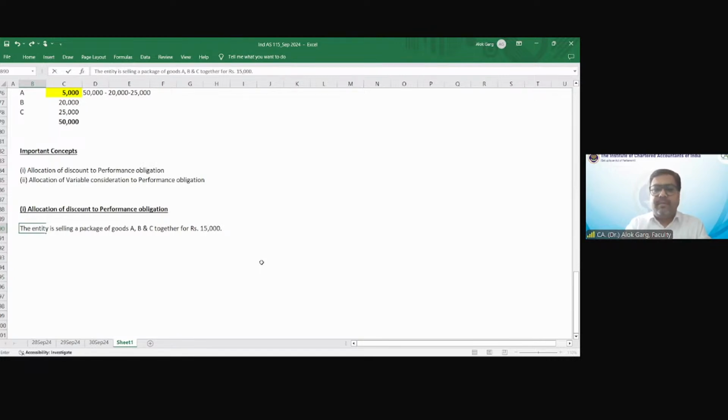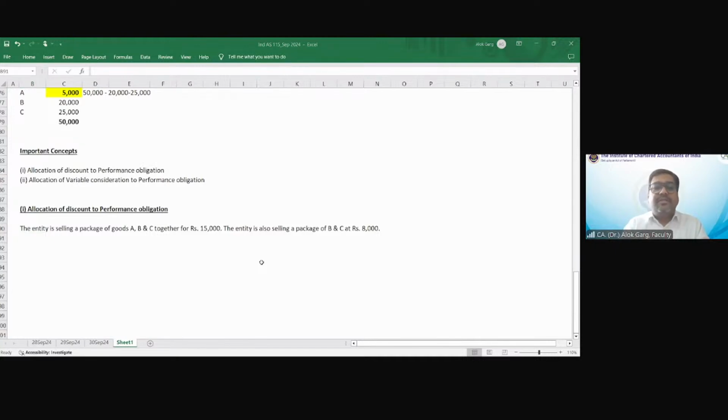The entity is also selling a package of B and C at rupees 8,000.